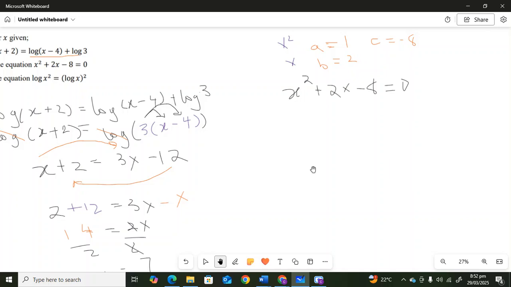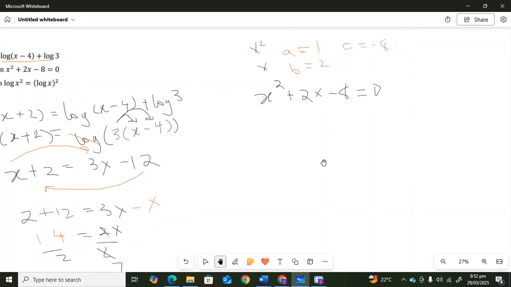But I'm just doing it for those who might have forgotten how to solve. I'm doing the step-by-step way. So you're going to multiply a times c, 1 times negative 8, and that gives you negative 8.